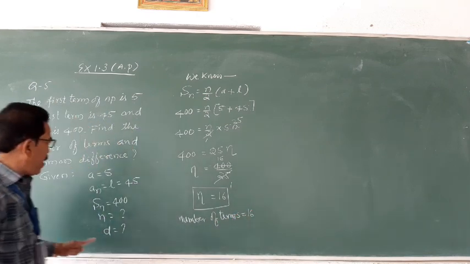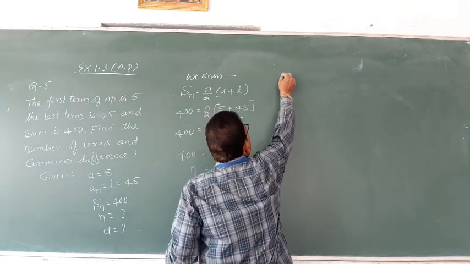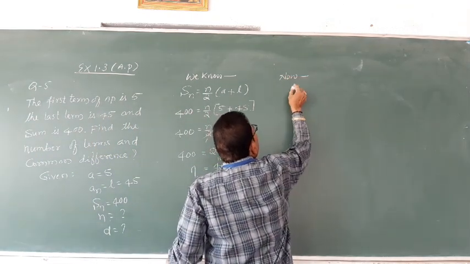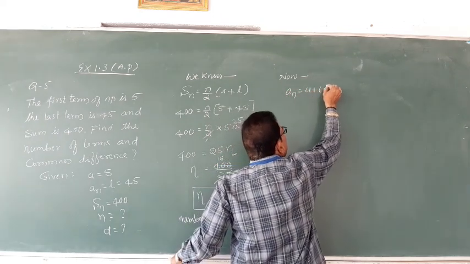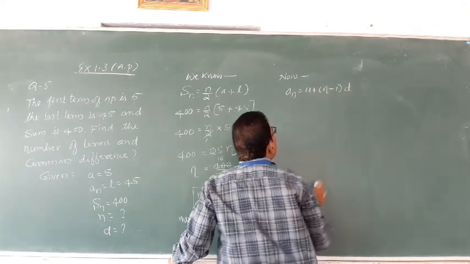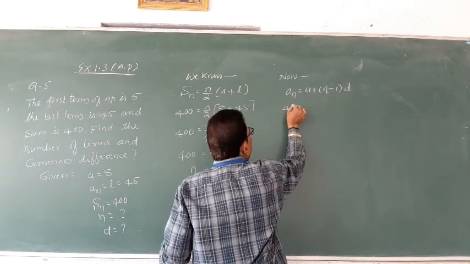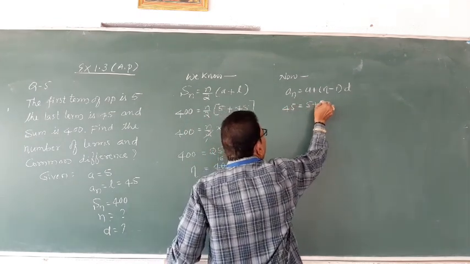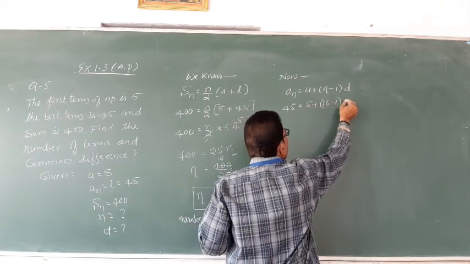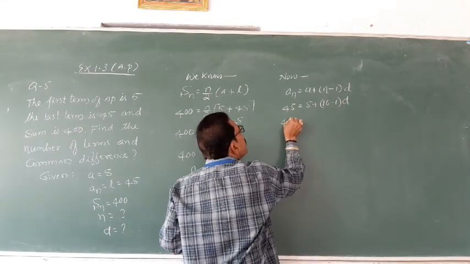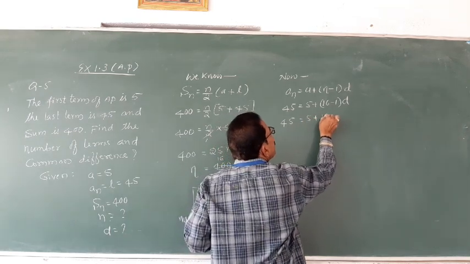Now let us find d, using an equals a plus (n minus 1) into d. an is given, that is 45. a is 5, and n we already got as 16, so 45 equals 5 plus (16 minus 1) into d, that is 15d.